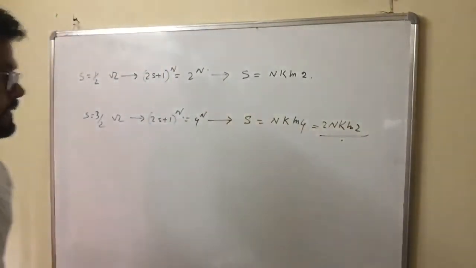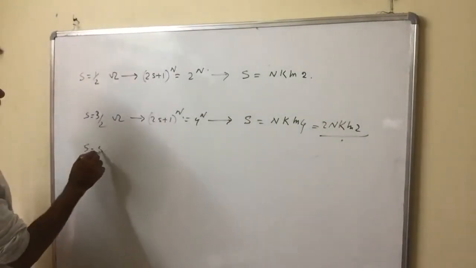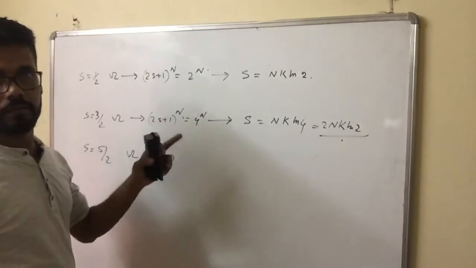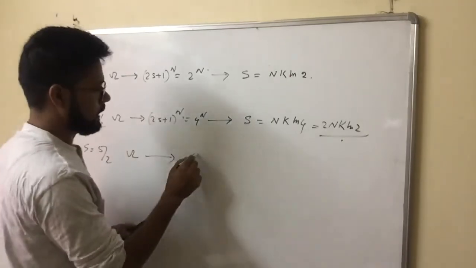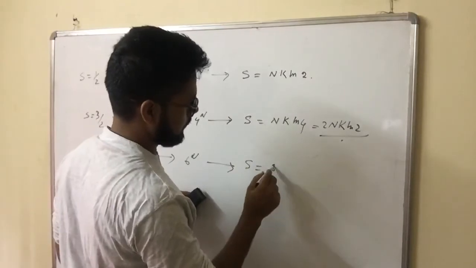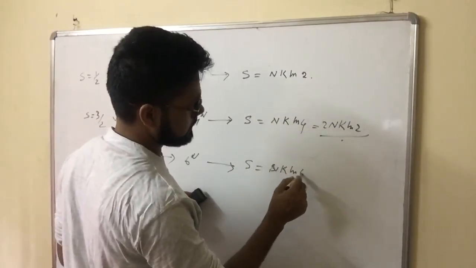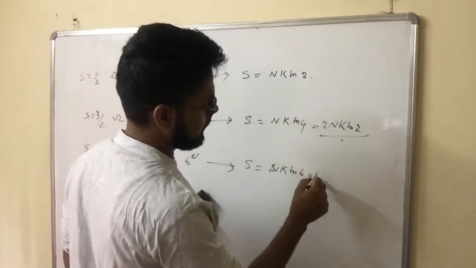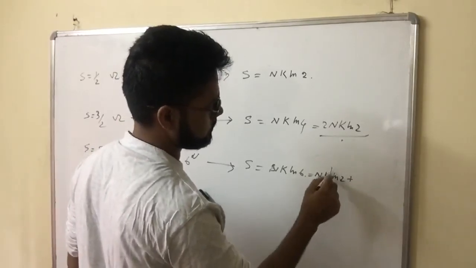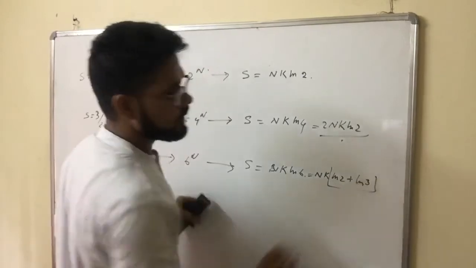Okay. Similarly for s equal to 5/2 particle, omega equals how much? 2 times 5/2 plus 1 is 6, so it will be 6^n. So S equals n k ln 6. ln 6 you can expand as n k (ln 2 + ln 3).